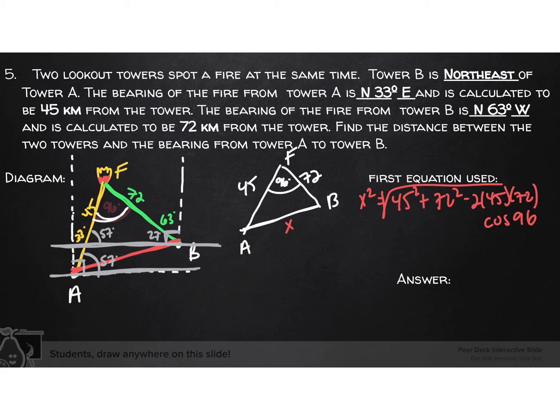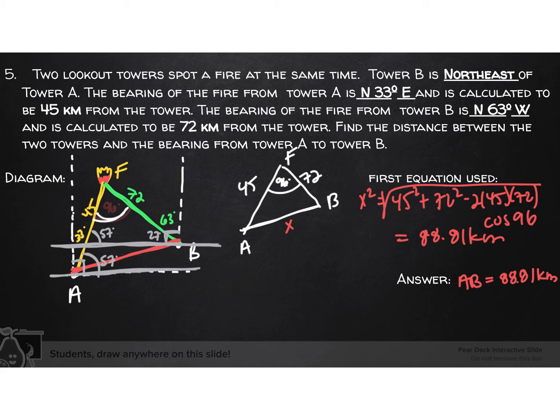Then I type that in my calculator, and I get that the distance from A to B is 88.81 kilometers. So that's part of my answer. The length of AB is 88.81 kilometers.